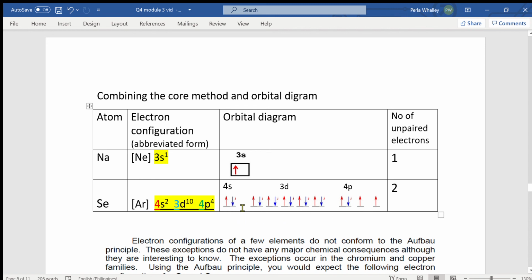Here, just be careful that when you have these orbitals, you need space in between, so that it is easily identifiable and you have this label on top, so that when it is clear, it will be easy also for me to check your papers or your answer sheets.